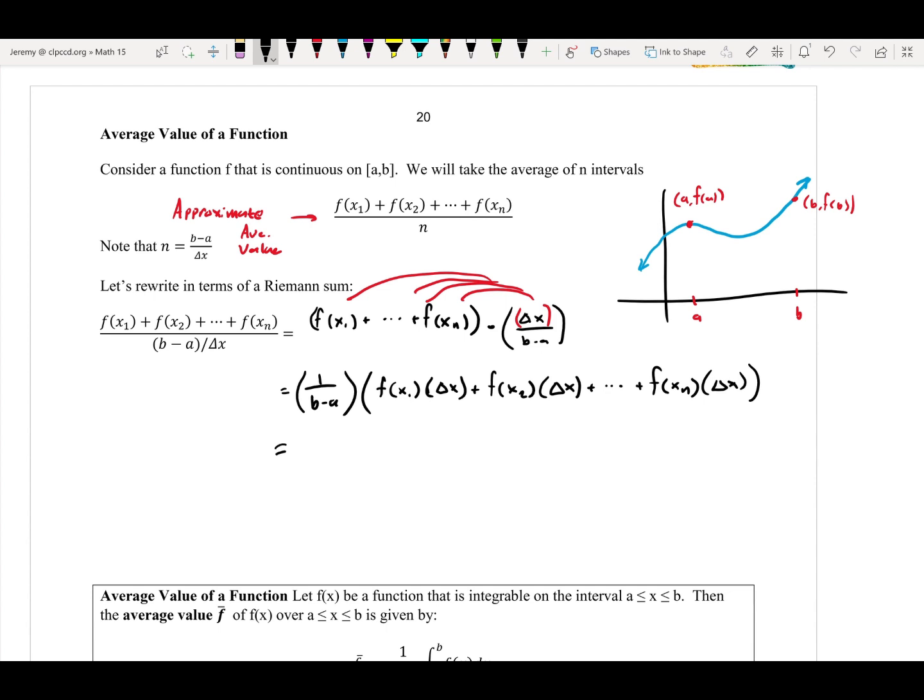So just manipulating this a little bit algebraically, 1 over b minus a is still out here off to the side. But inside the parentheses, we're left with a Riemann sum, right? This is the sum from k equals 1 to n of f of x sub k times delta x.